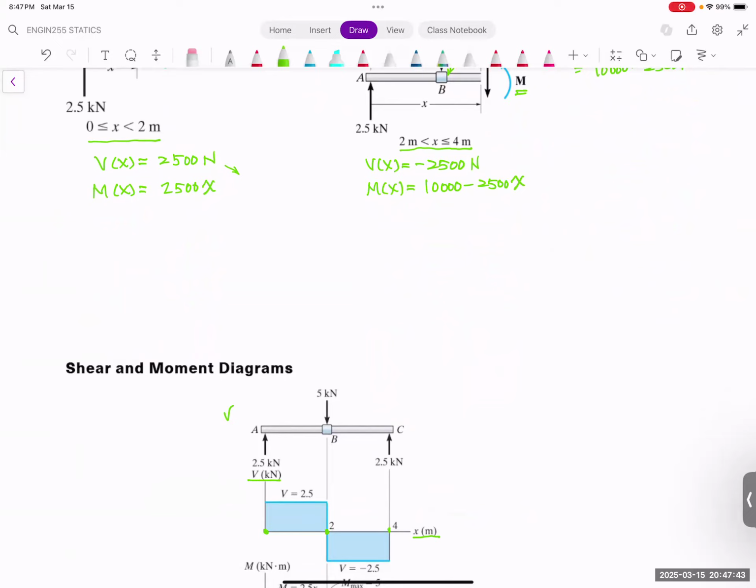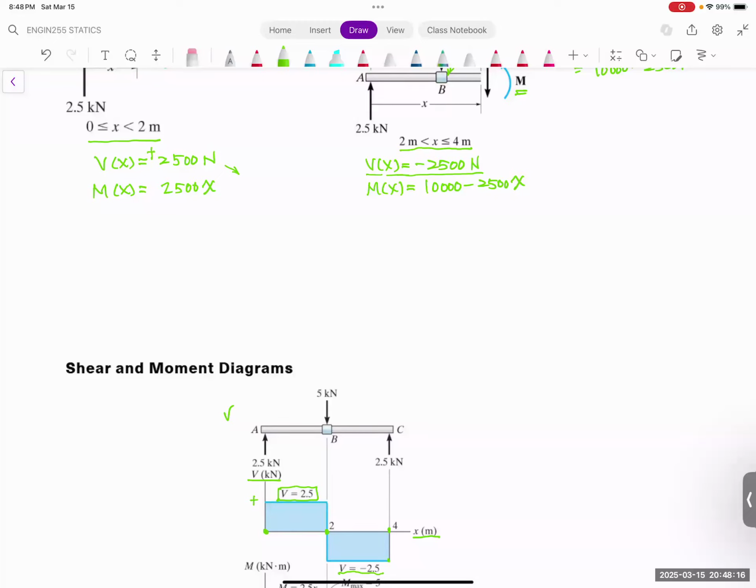Between 0 and 2 meter, the value of V is a constant, 2.5 thousand, and this is a positive value. When you are over 2 meter to 4 meter, the value becomes negative 2,500. So V becomes negative 2.5K, between 2 and 4.